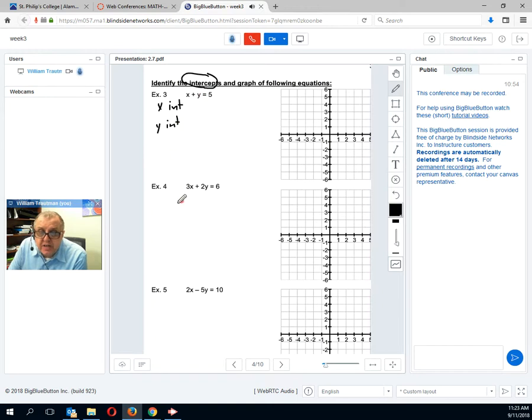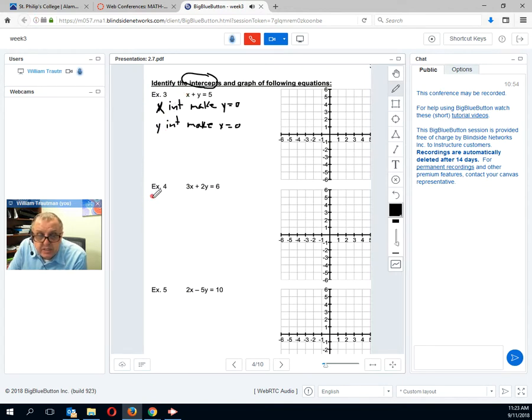To find the x-intercept, make y equal to 0. By the way, I'm going to go ahead and do example 4 so I can write up here. To find the x-intercept, make y equal 0. To find the y-intercept, make x equal to 0. And I'll show you what I mean here.